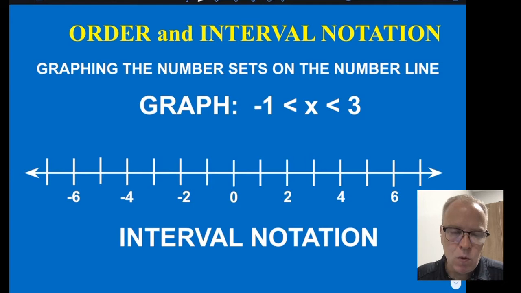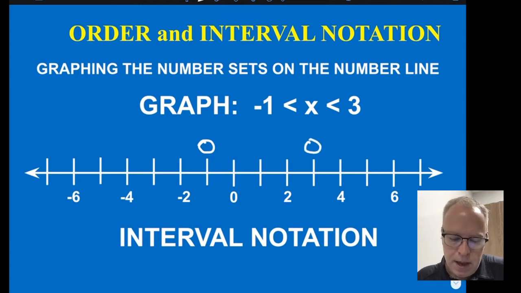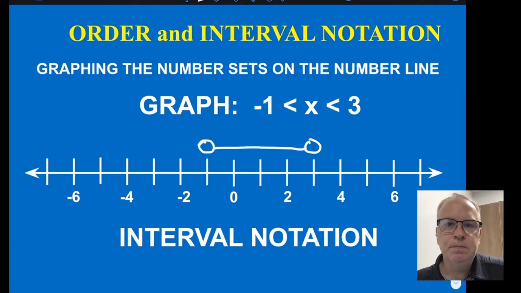So back in Algebra 1, you graphed this. This is a between question. You see how x is wedged between -1 and 3? So I'm going to find -1 and put an open circle, and I'm putting it above just to keep it a little clearer about where I'm writing. From -1 all the way up to 3, x is anywhere in between.